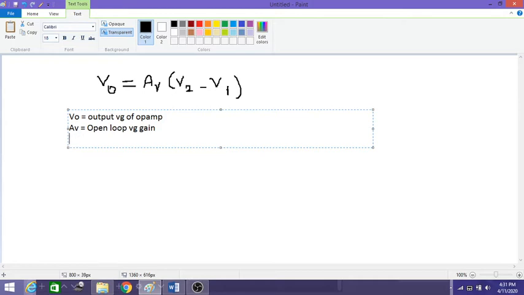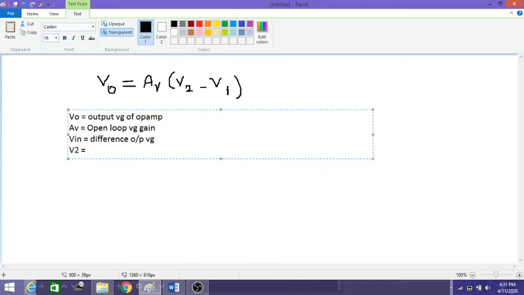Vin is the difference of the input voltages.